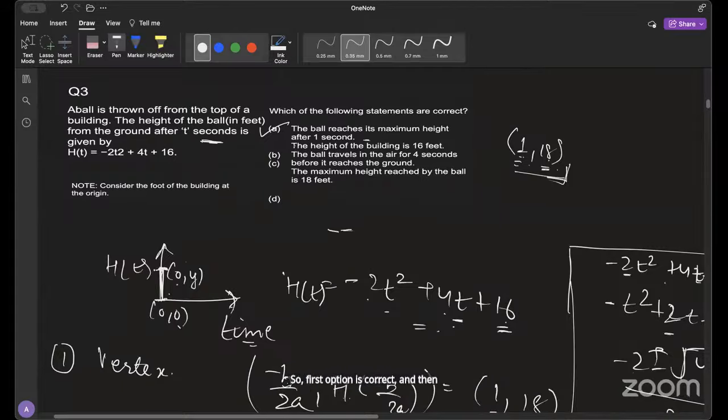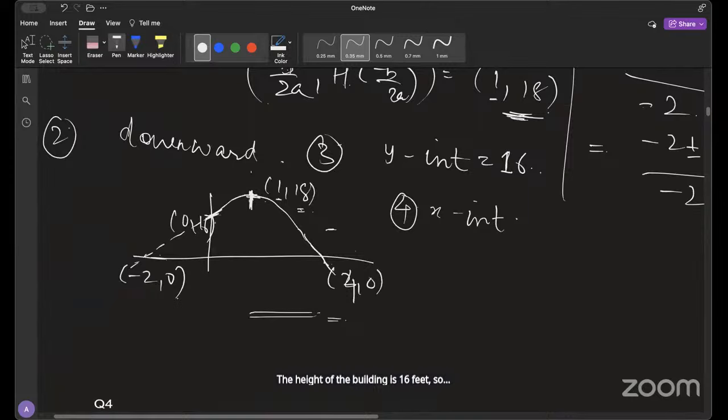And then the second one, this is the second option. The height of the building is 16 feet. So we've made this thing here. This is true, right? Because this was the building. Its foot was given at 0, 0, and this point is 0, 16. So we found this point to be 0, 16.